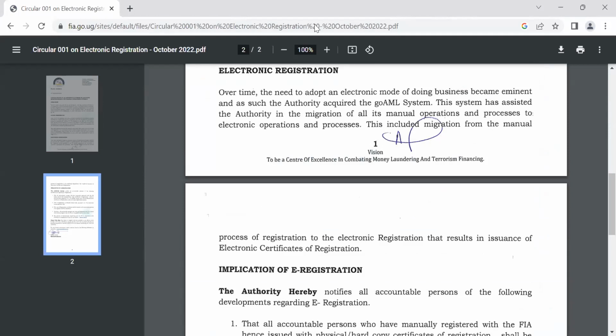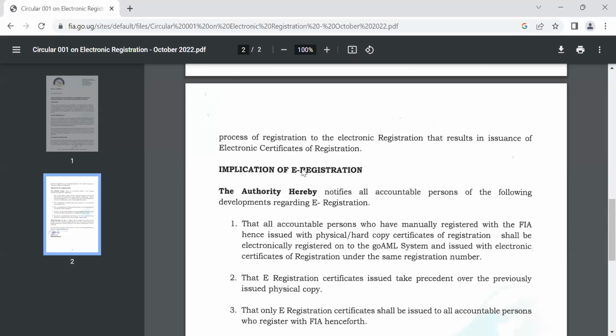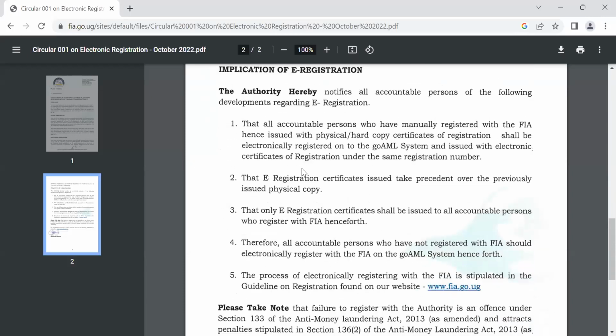Over 65 of you are registered on the system electronically, so we'll be issuing you e-certificates. For those who are not, you'll have to register between November and December. Please register on the system, because effective January, you'll be deemed non-compliant with registration. So register on the system as soon as you can.